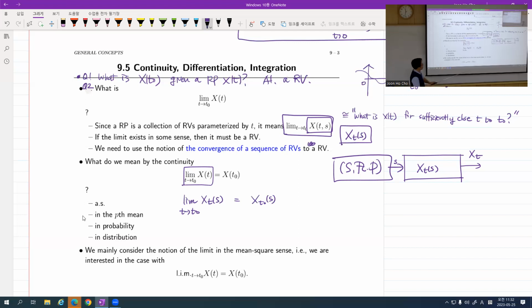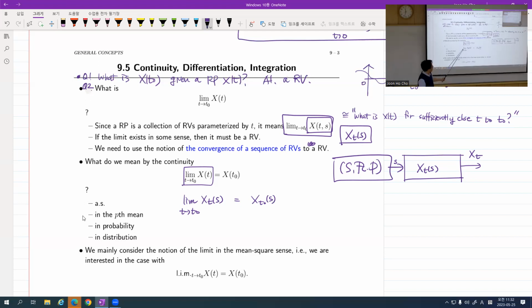Now, we can clearly see, what is the right-hand side? That is a function of s. What is the left-hand side? If it exists, that must be a function of s. And we know from our notion that equality of functions has already many definitions: everywhere equality, if you have two functions, and also almost everywhere equality, am I right?